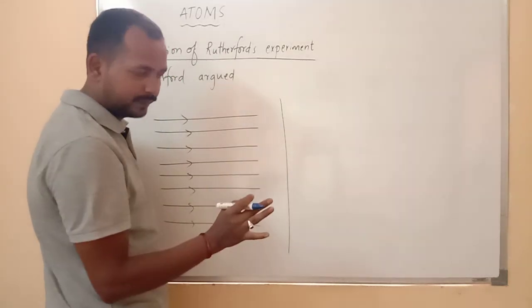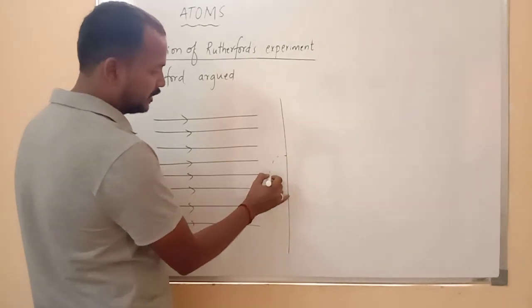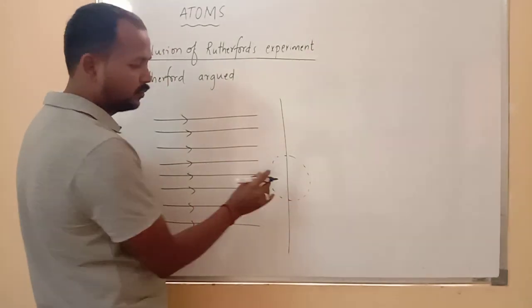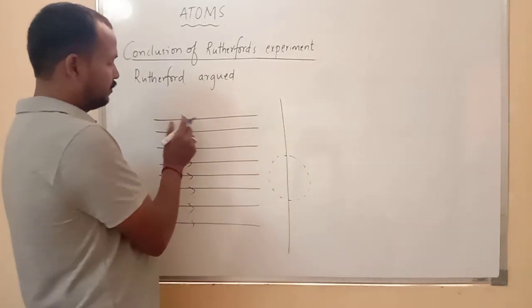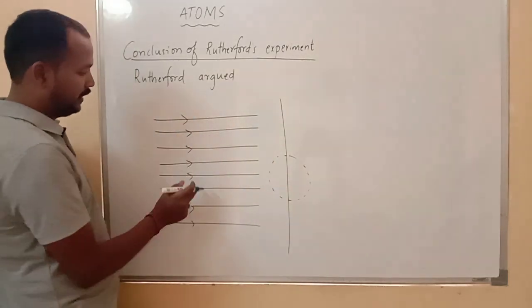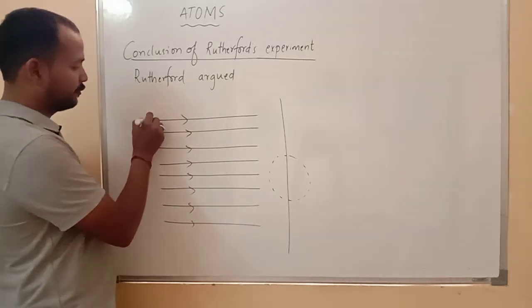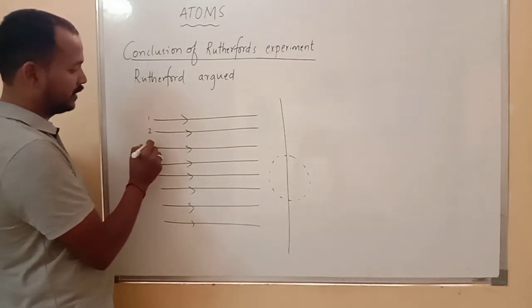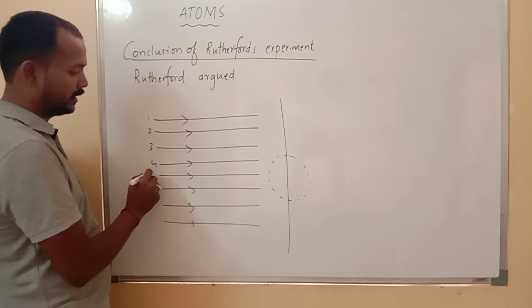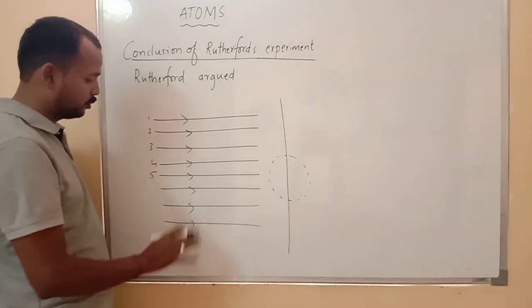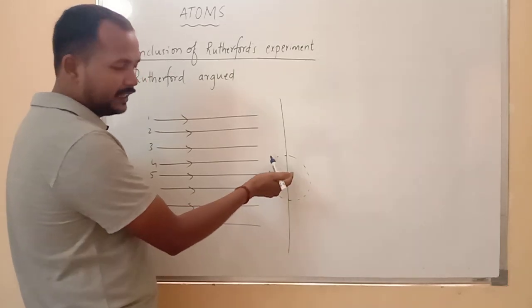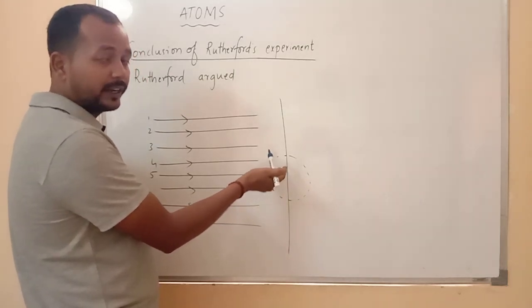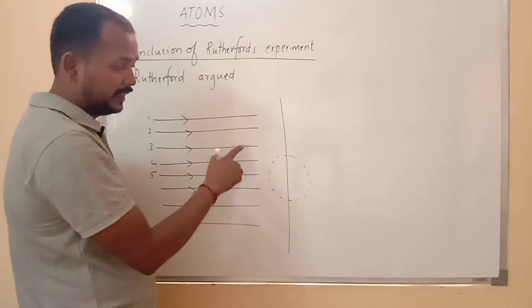I will give a name to each alpha particle: first particle, second, third, fourth, fifth, and so on. The first one is very far away from the incident point.